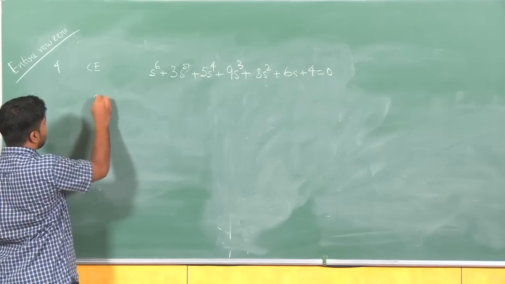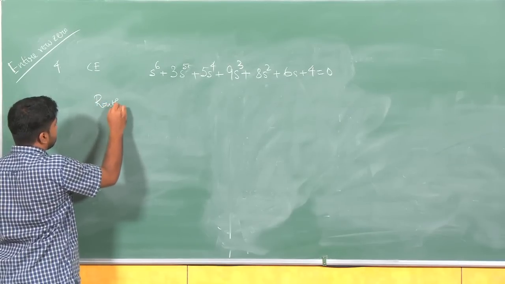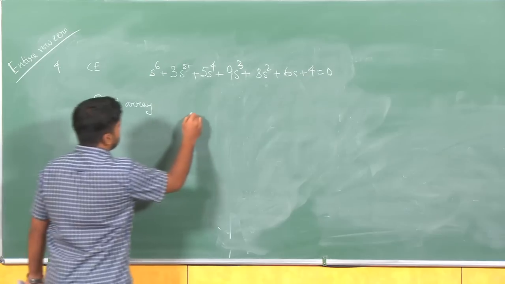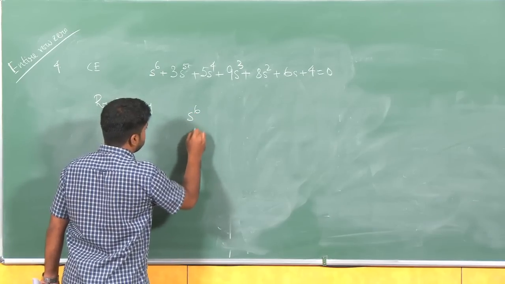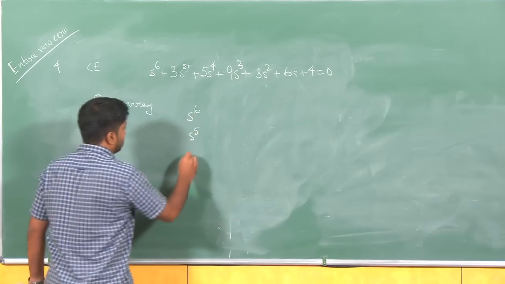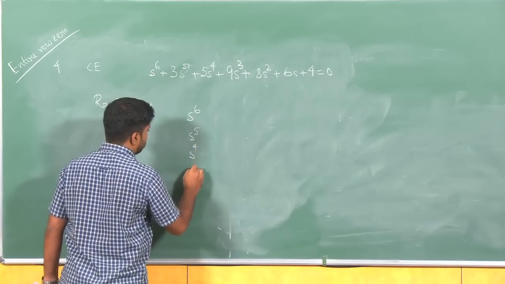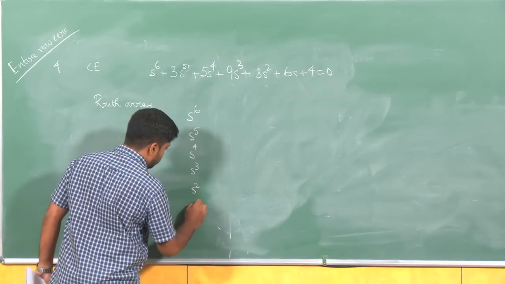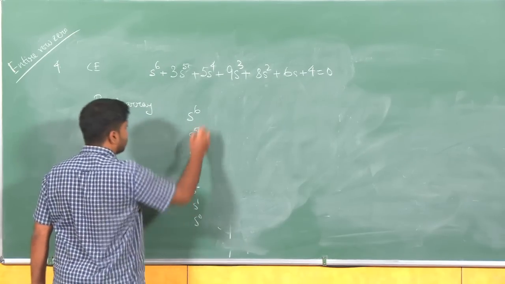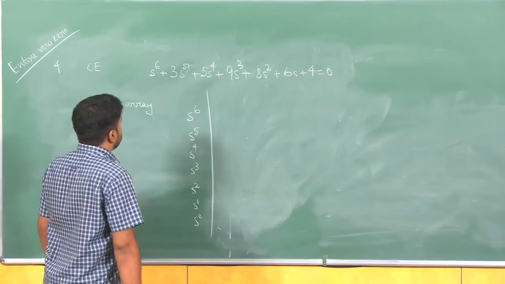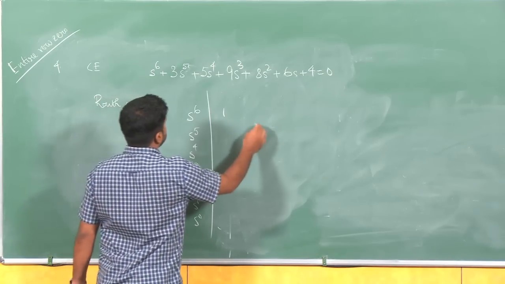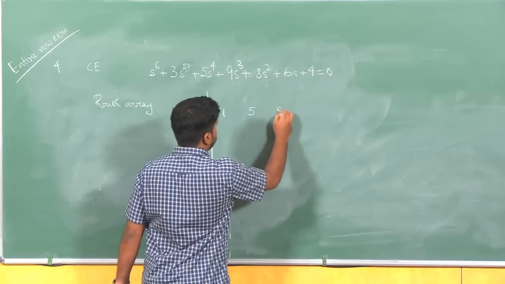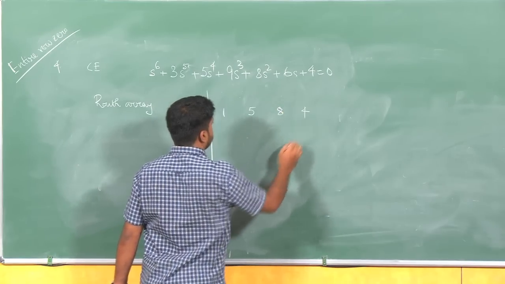So, construct the Routh array: s to the power 6, s to the power 5, s to the power 4, s to the power 3, s to the power 2, finally s to the power 0. Now, first comes 1, then 5, then 8, and then 4.